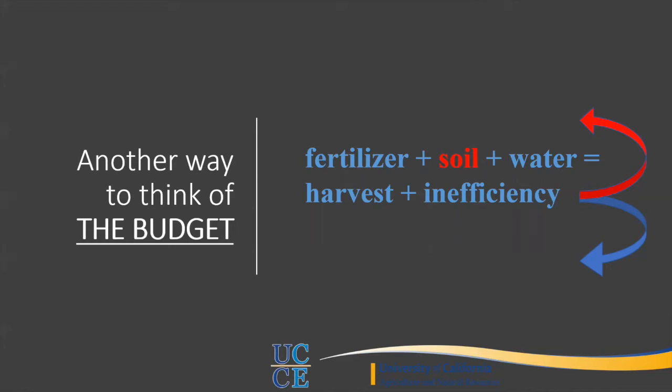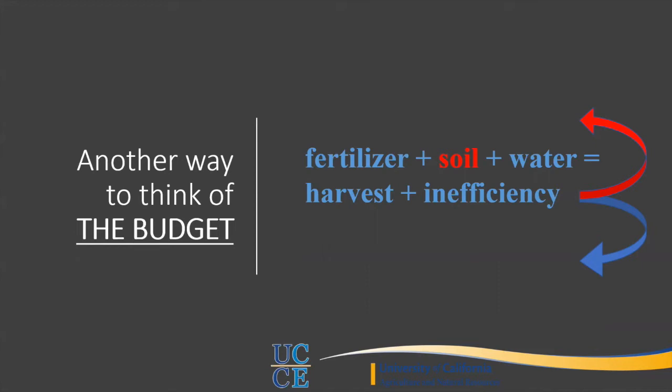I would like to emphasize here that as we're talking about inefficiency, I really want to point out that inefficiency is not something that is unique to agricultural systems. There really is no such thing as a perfect system or a system that is 100% efficient. It just simply doesn't exist.